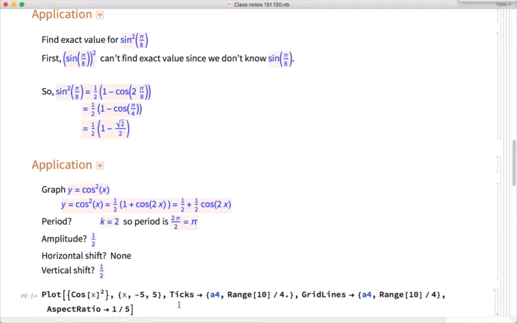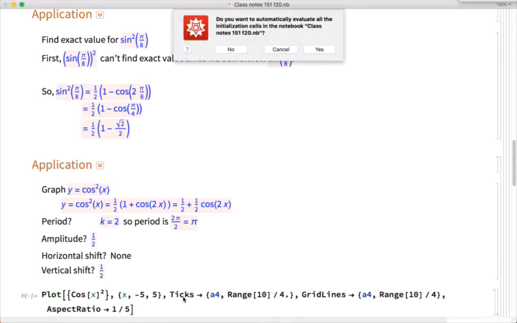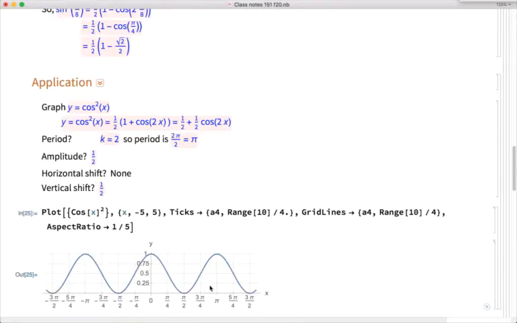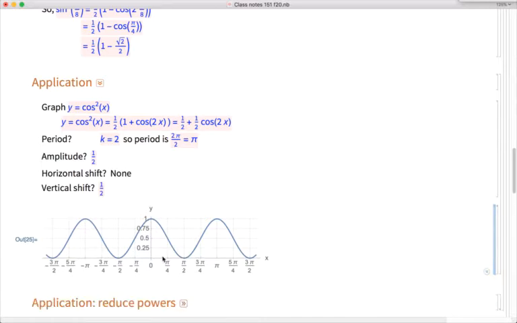And that's all the information that we would need to get a fairly decent hand sketch of this function. And this is what it would look like. You see that the center line is at a 1/2. That's the vertical shift. The amplitude, we go from a 1/2 up to 1 and down to 0. The amplitude was a 1/2. No horizontal shifting. Right? And the period from peak to peak, that's from 0 to pi, is pi units.